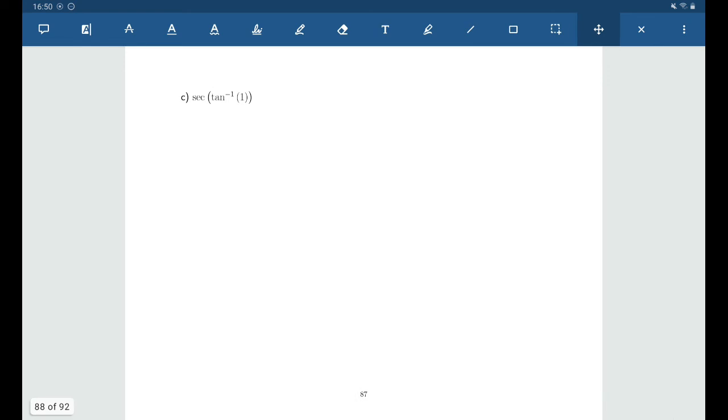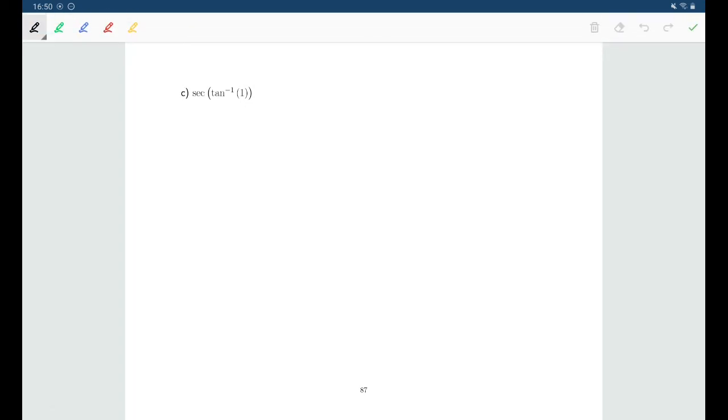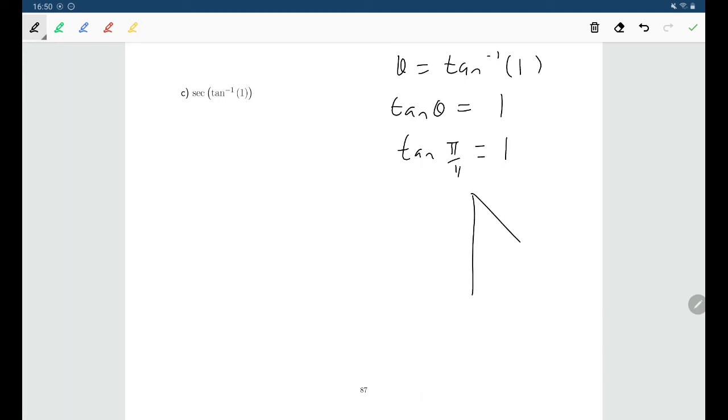One more to do, secant of tangent inverse of 1. First off, let's find out what is tangent inverse of 1. We'd be looking for tangent of theta to be equal to 1, and we know that tangent of pi over 4 is equal to 1, using our special triangle.